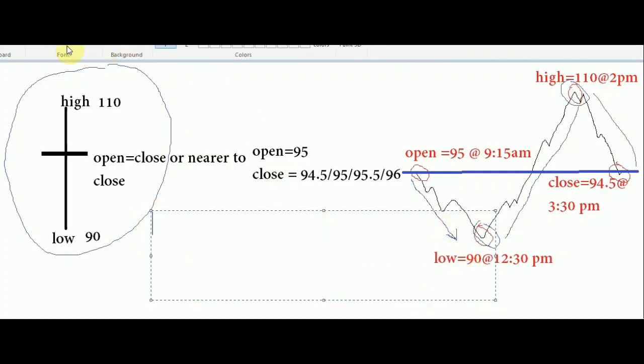Let me just change the font size. Yes, doji represents confusion in the market.